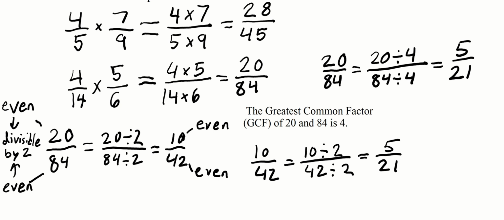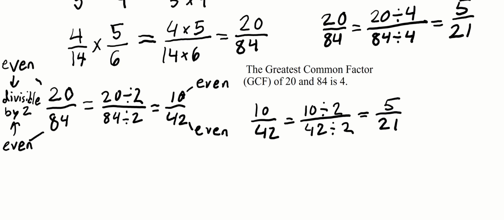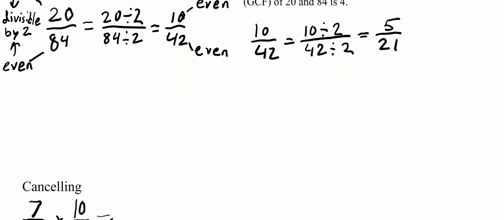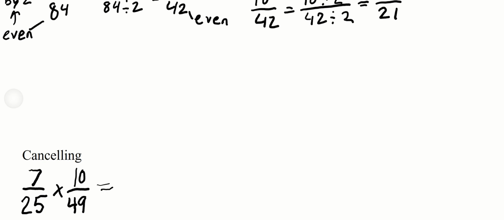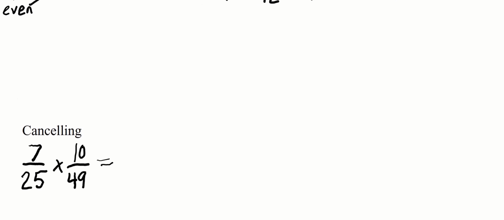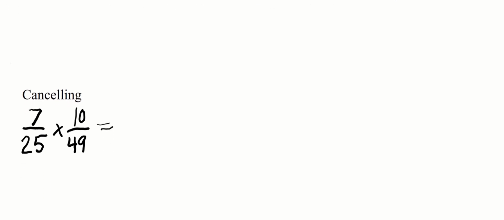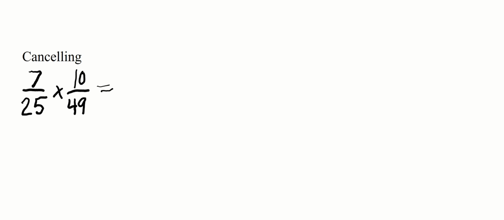It may take a few more steps though. One thing that can help is writing each of the fractions in your initial multiplication problem in simplest form. That usually helps remove a step.